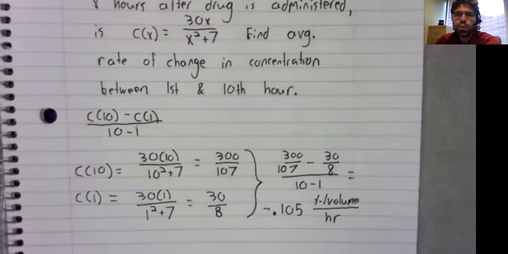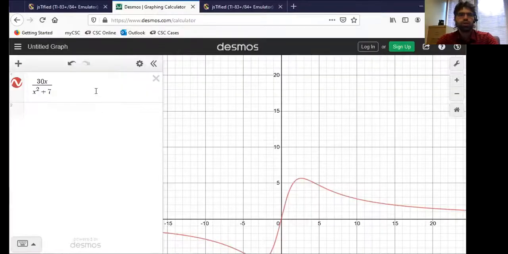A word of warning about the average rate of change, because it is an average. It's giving you a very bird's eye view of what's going on, and you're missing any detail that might be interesting. So let's take a look at the graph of this concentration function.